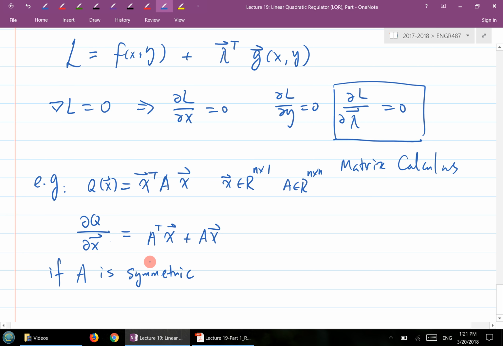So basically A transpose equals A. Then for this particular partial derivative, you get what? 2A times x. Is that good? Exactly what we get.